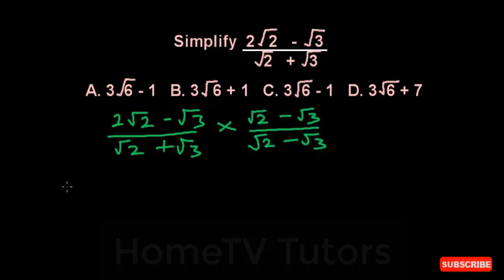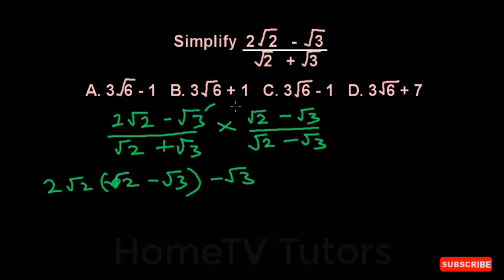Okay, so now we have 2 root 2 bracket root 2 minus root 3 bracket, and the minus root 3, that is this one, to now multiply root 2 minus root 3.